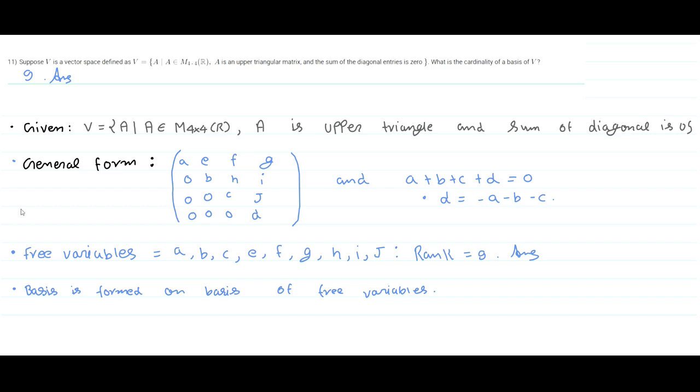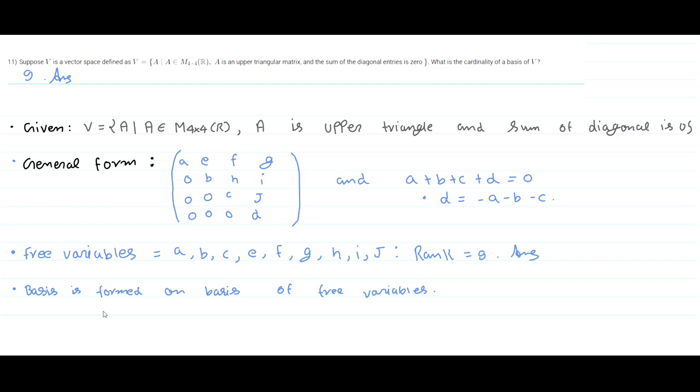So from this we can make the dependency of d more clear, that d is going to look like minus a minus b minus c. So the number of free variables here is 9, which are basically a, b, c, e, f, g, h, i and j. And we know that these free variables are going to span the basis of this vector space. So the number of free variables is equal to the cardinality of the basis, or rank of the vector space. Hence the answer of question number 11 is 9.